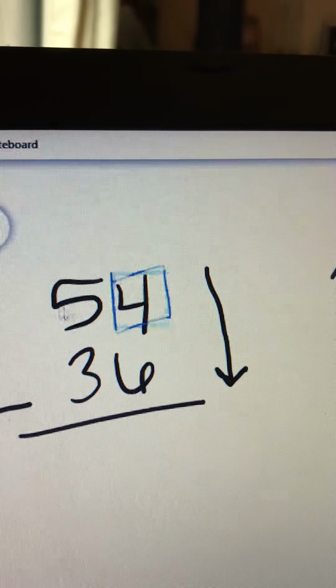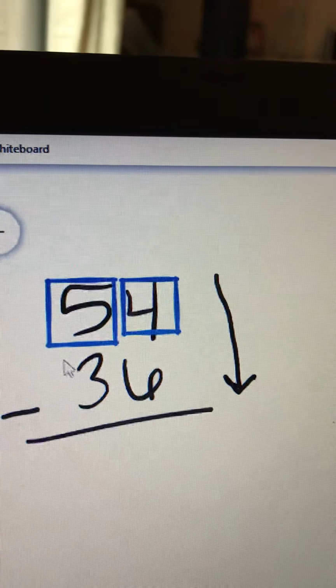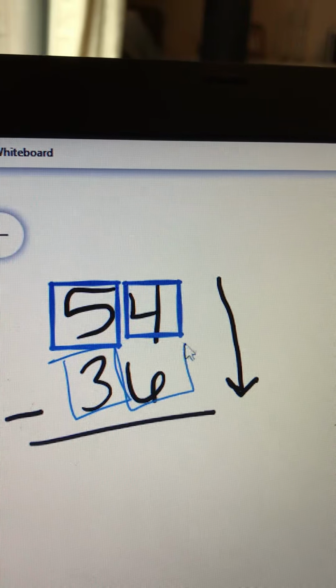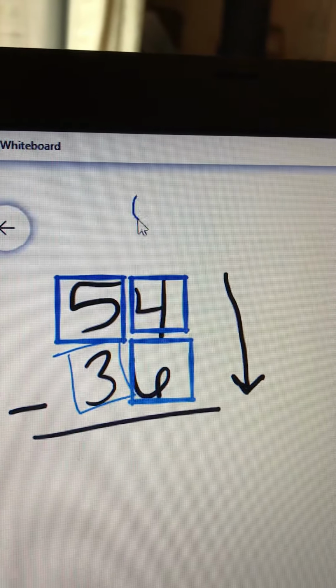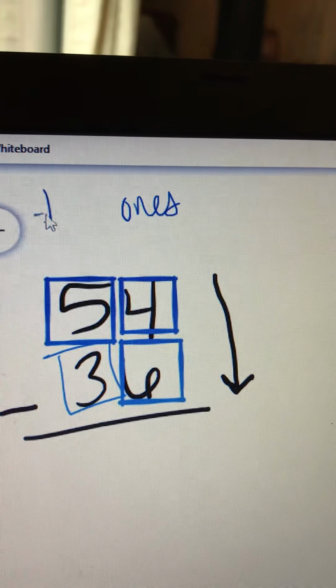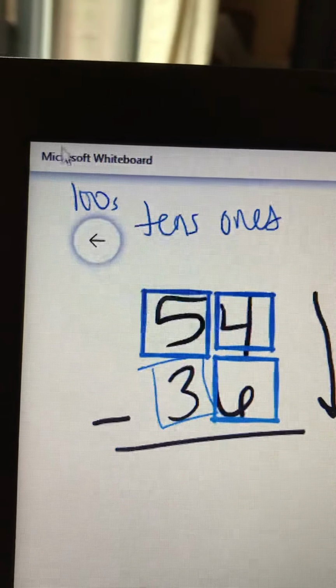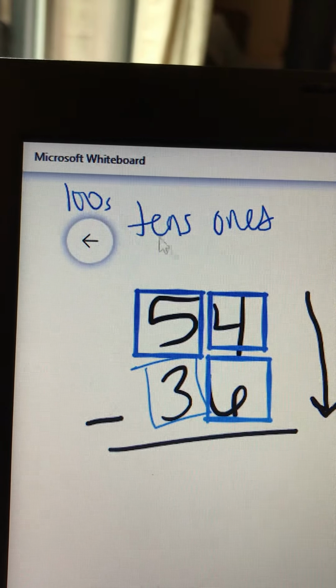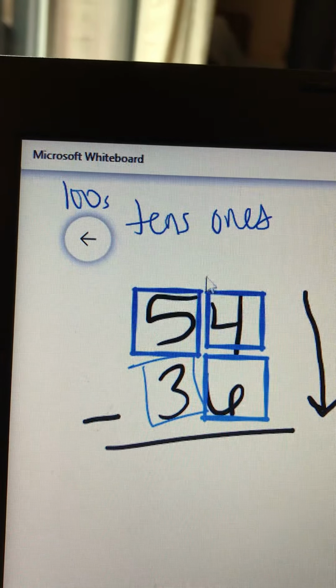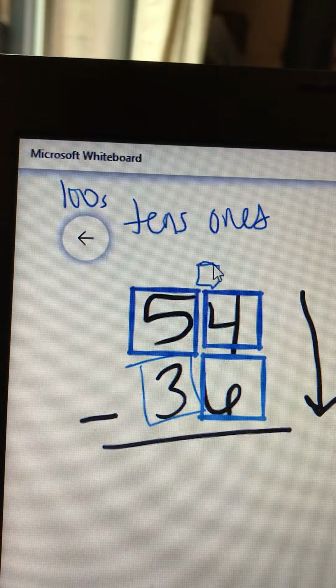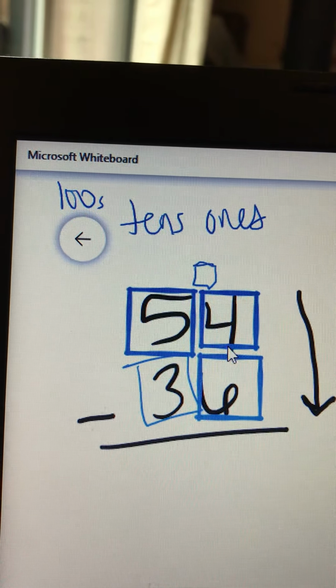Now let's come over here where I'm going to have to borrow some stuff. So again, what I'm going to do is I'm going to make some boxes, okay? And I'm going to remember that this is my ones place, this is my tens place, this is going to be my hundreds place, okay? So if I need to borrow something, I'm going to stick it right here, okay?